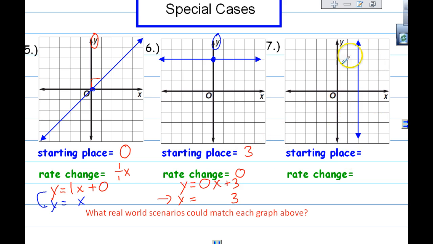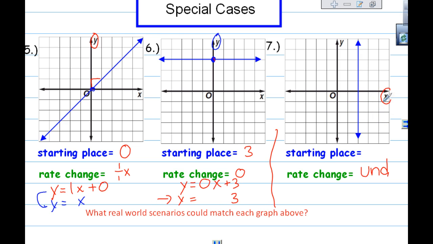Again, the vertical lines are the weird ones. They're a little bit different. It's not a function. It doesn't follow all the same rules. So when it's a vertical line, we know the rate of change is undefined, the slope is undefined, and it doesn't go through the y-axis. So we don't have a starting place like, oh, it crossed at 3, it crossed at 0. It doesn't cross at all.